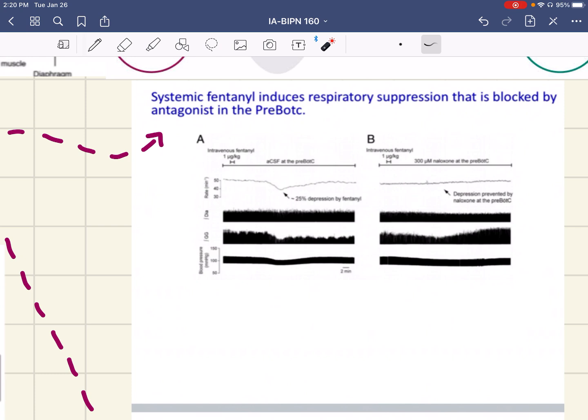And as we just said, if you suppress the pre-Botzinger complex, then this is normal breathing, and then your breathing stops. However, if there's not enough of this fentanyl given to this person, then breathing comes back. But it's this drop and suppression in breathing that tells us that fentanyl does inhibit pre-Botzinger. So that's what A tells us.